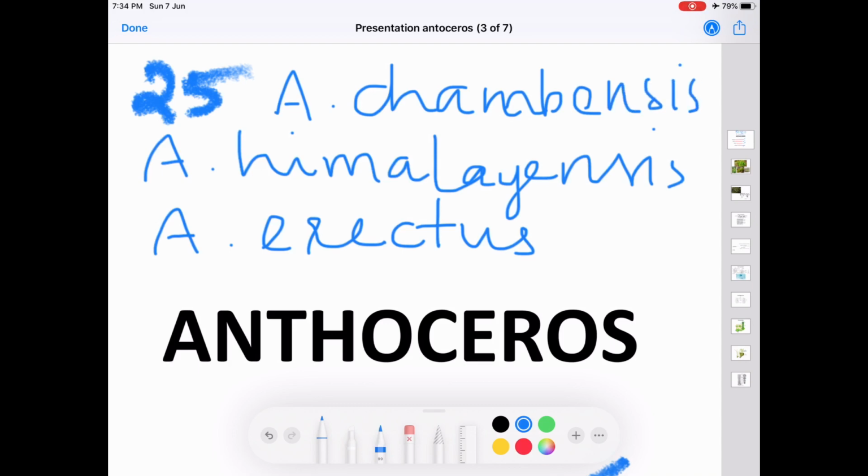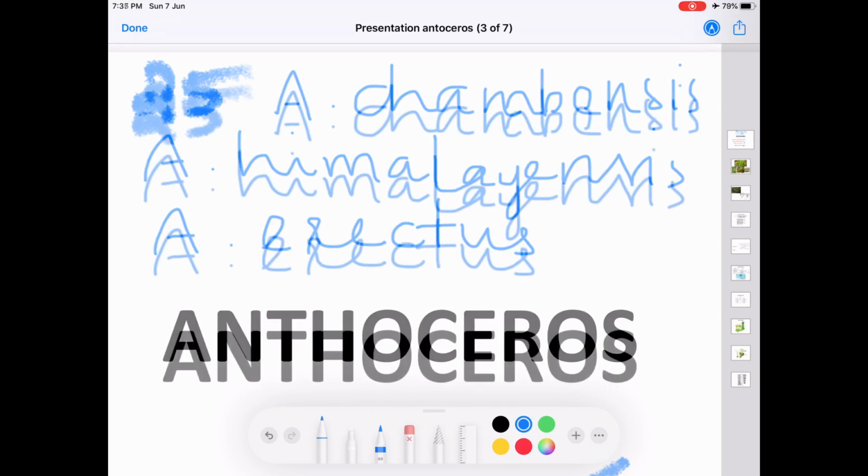Anthoceros himalayensis, Anthoceros erectus, and Anthoceros chambensis are commonly found growing in the western Himalayan region at an altitude of 5,000 to 8,000 feet. Some other species of Anthoceros are Anthoceros sahyadrensis, Anthoceros crispulus, etc.